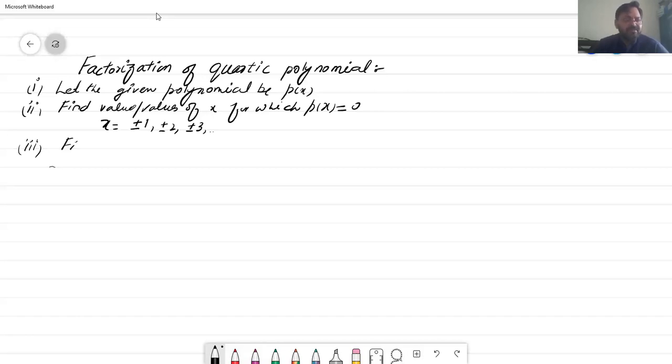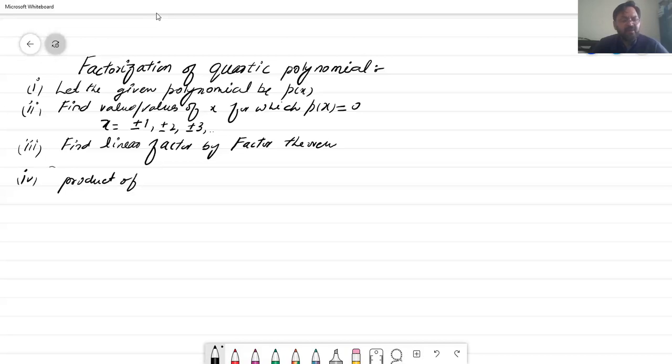Find the linear factor by factor theorem. Over areas, the product of linear factors is also a factor. That rule, that technique, you have to apply.